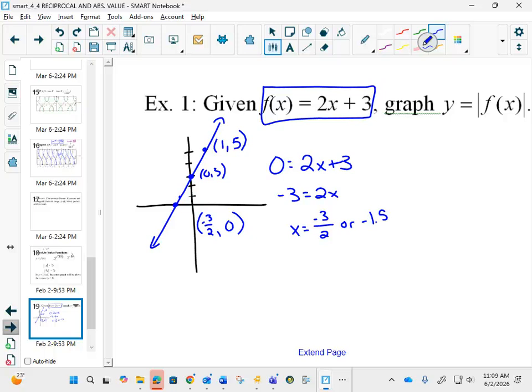That's going to be important because I'm going to, on the same graph, oh, that's not green, I was going to go green. On the same graph, I'm going to graph this.